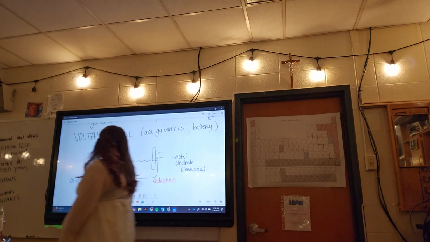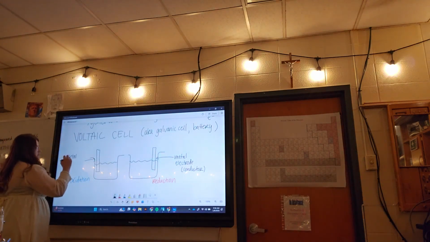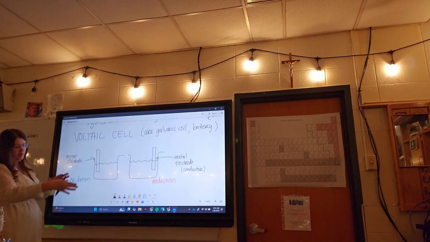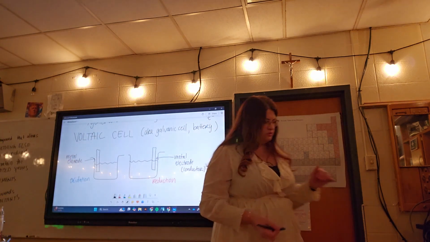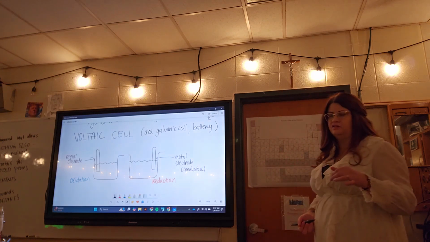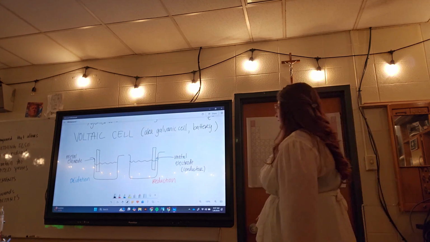So there's a metal electrode on either side of the separated parts of my battery. And then when I drew my little containers, I drew like a wavy line. That's to indicate that there's something juicy, some watery solution in the container.